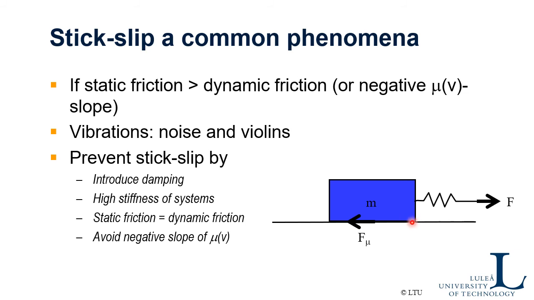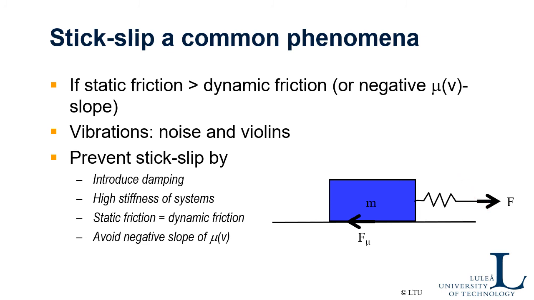But when you do that, the friction goes down to the dynamic friction level, and the box catches up with the guy pulling the box, and the force is reduced. It may be reduced so much that it becomes smaller than the dynamic friction force, and the box sticks. Then you have to increase the force again to overcome the static friction force, and it starts sliding, and then it sticks again. So it sticks and slips and sticks and slips.